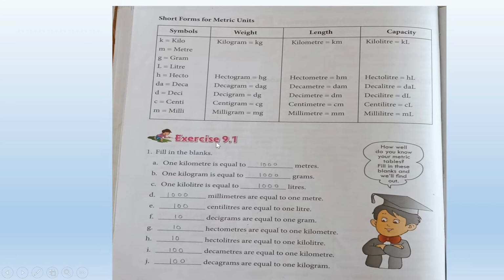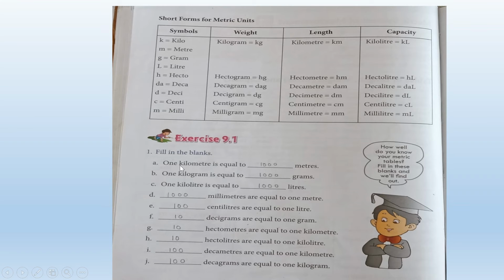Then exercise 9.1, fill in the blanks. 1 kilometer is equal to dash meters. 1 kilometer is equal to 1000 meters. We just need to multiply: 1 multiplied by 1000, you will get 1000 meters.